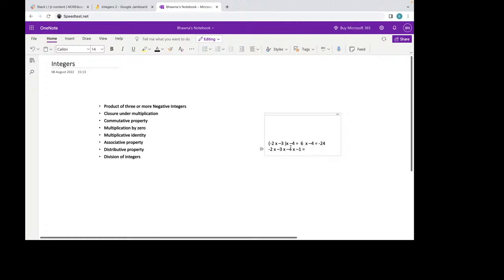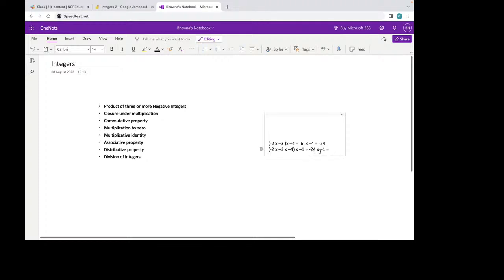I know till here, since I have done it in the previous step, if I multiply -2, -3 and -4 I will get -24, right? After this, if I multiply it by -1, I have a situation of multiplying two negative numbers.